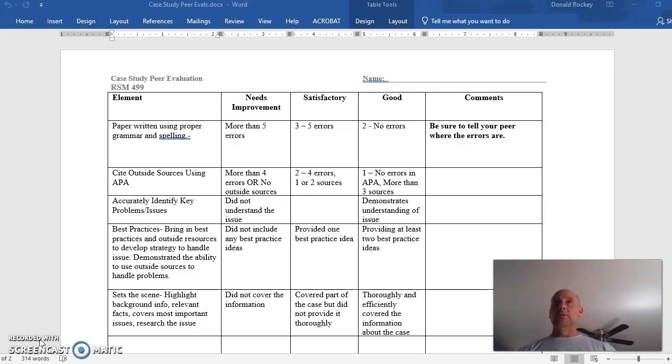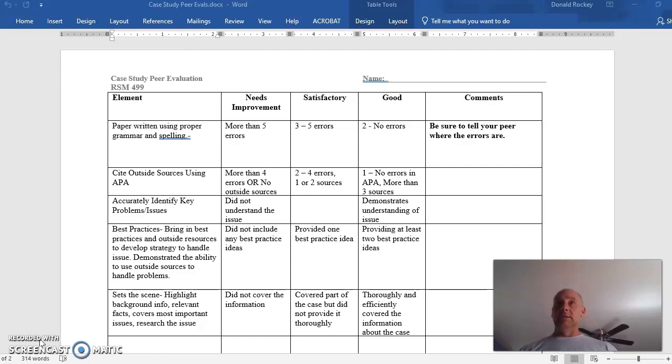One of the things I'm going to do is to have you each evaluate other people. So when you submit your case study, at the 5 o'clock deadline, you'll be assigned to review somebody else's paper.